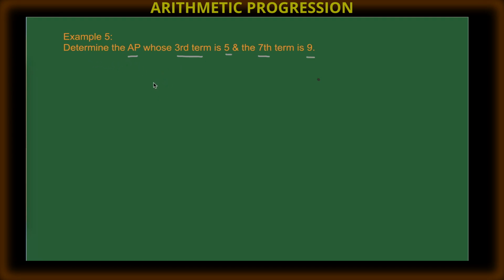Here the third term, A of 3, is equal to 5, and the seventh term, A of 7, is equal to 9. These are given. We know the formula to find the terms.